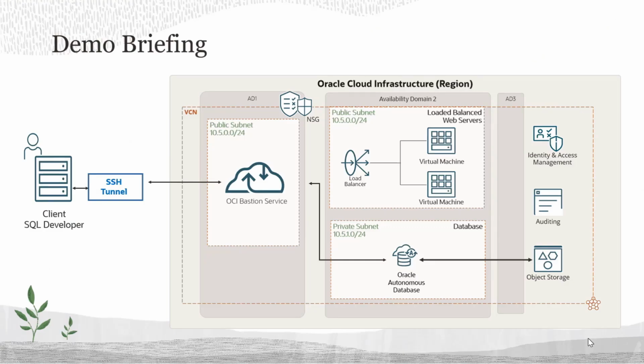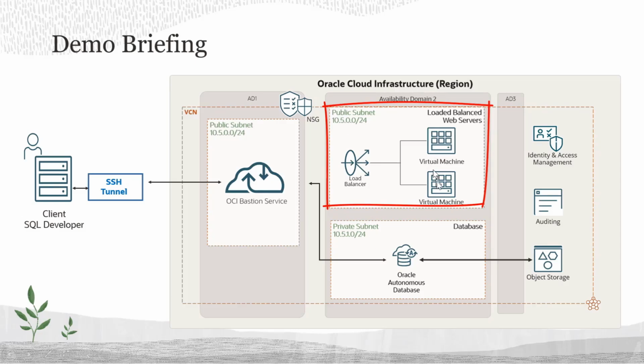Here we have multiple availability domains, that is AD1, AD2, and AD3. And this is a regional VCN, which has multiple subnets, and our Autonomous Database is hosted in a private subnet with CIDR 10.5.1.0/24. And you have other applications which are present in a public subnet, like here 10.5.0.0/24.